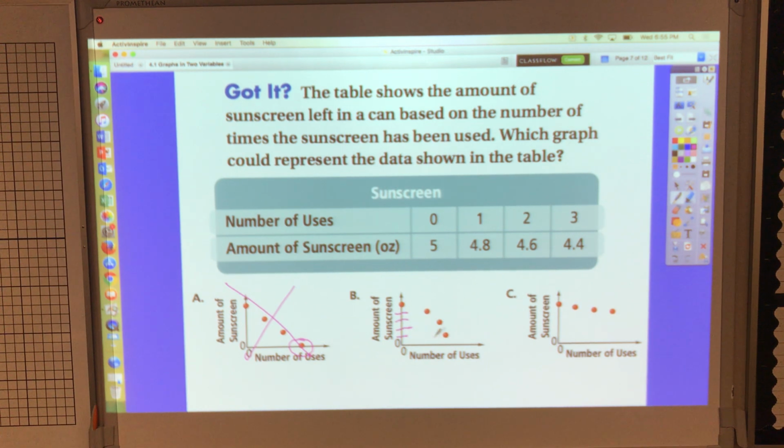If I'm way down here, there's about 1 ounce left, so B isn't going to work either. But when I look at C, it's going down, but it's not going down a lot. So the best representation of that data would be graph number C. So we use those tables to help us make a graph showing us precise pieces of our information.